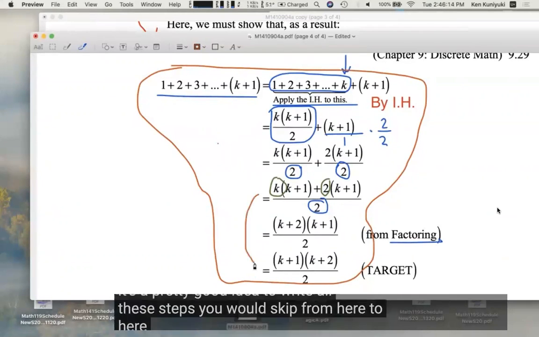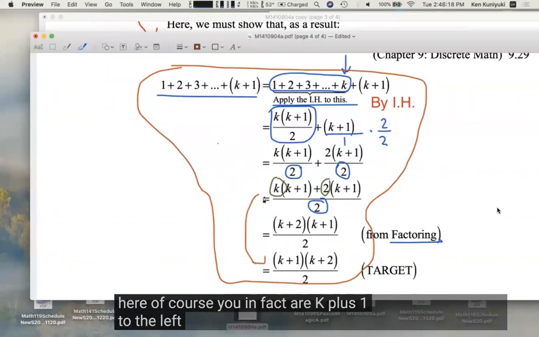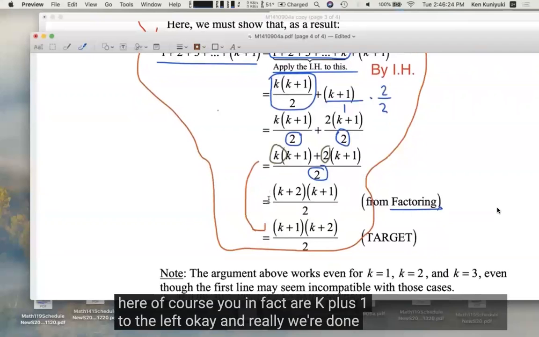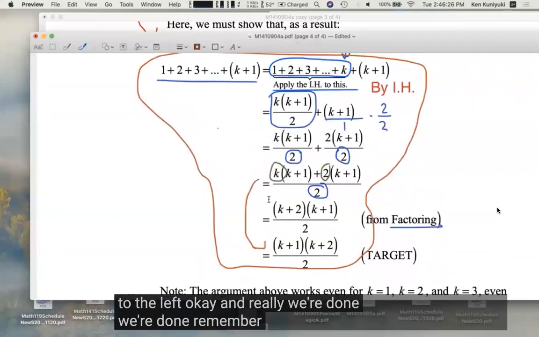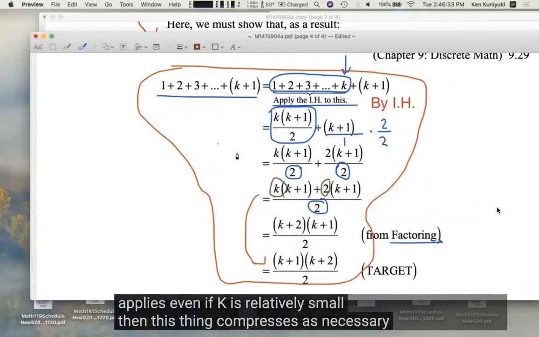You would skip from here to here, of course. Okay. You would factor out k plus 1 to the left. Okay. And really, we're done. Remember that all this applies even if k is relatively small, then this thing compresses as necessary.